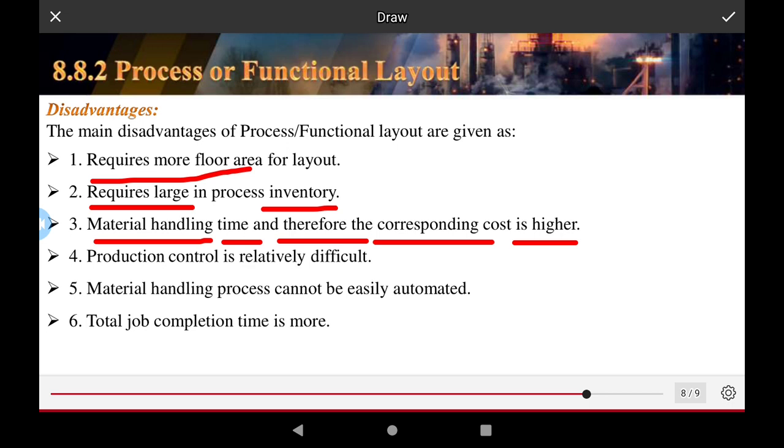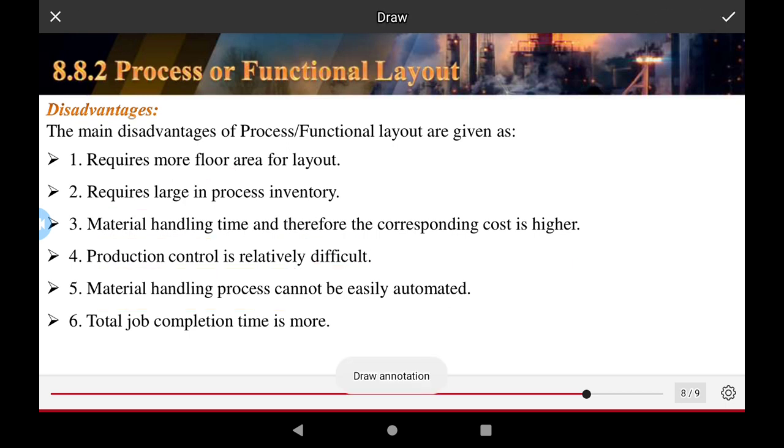Production control is relatively difficult. The material handling process cannot be easily automated, and the total job completion time is more, with a large area for the whole production operation.